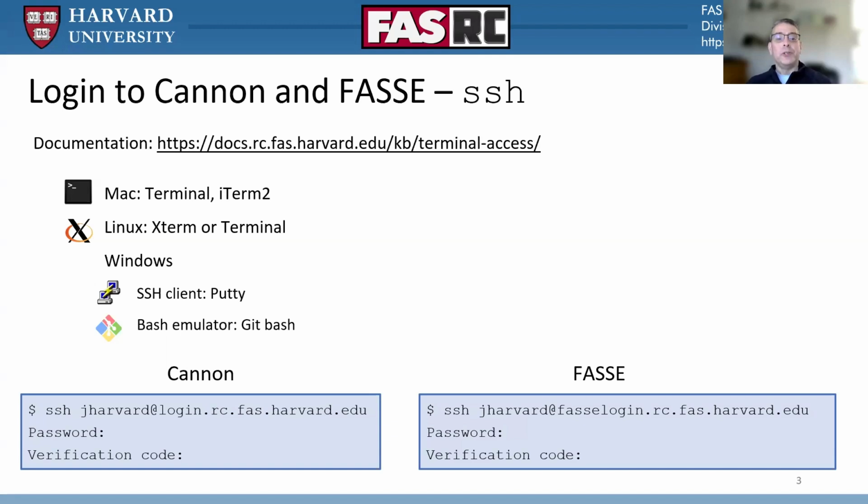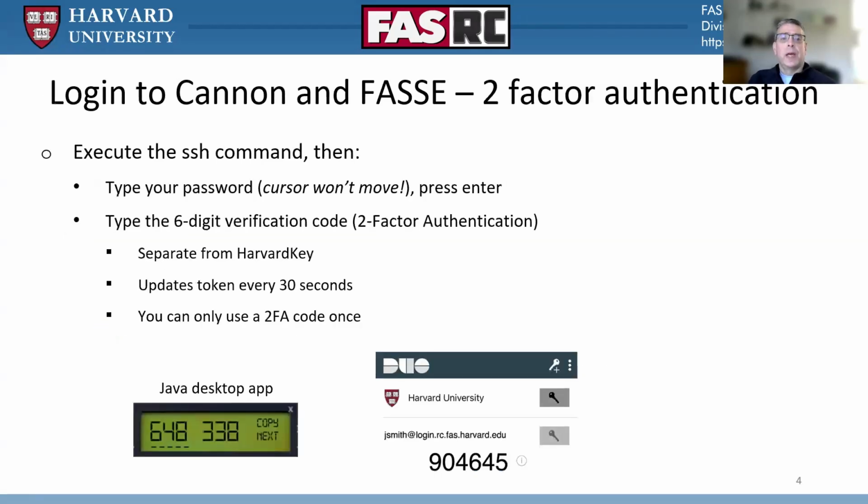So to use SSH, you will open a terminal on your local machine, whether that's Mac or Linux or Windows, and use the SSH command. It will prompt you for a password, but you won't actually see your password when you type it in, just in case, so you don't have to worry about anyone looking over your shoulder or anything.